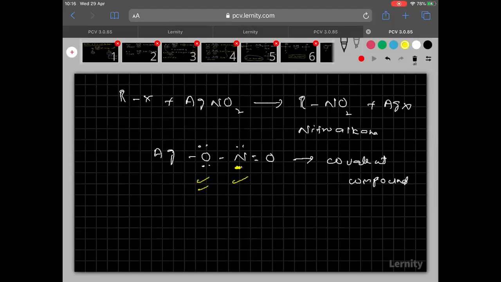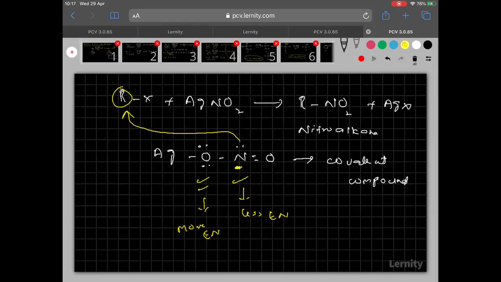Now tell me, to this R, who will donate the electron pair? Oxygen or nitrogen? Nitrogen will donate. Why? Nitrogen is less electronegative when compared to oxygen. Oxygen is more electronegative. More electronegative atoms have less donating tendency. Since nitrogen is less electronegative, it can donate the electron pair easily.